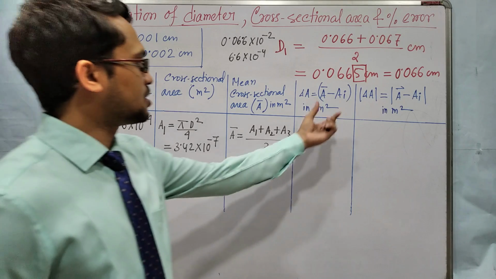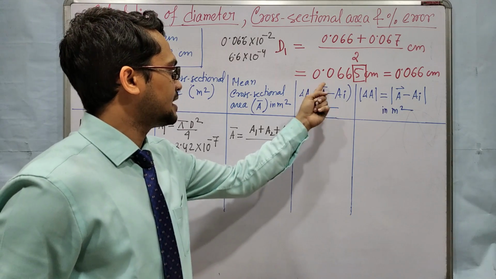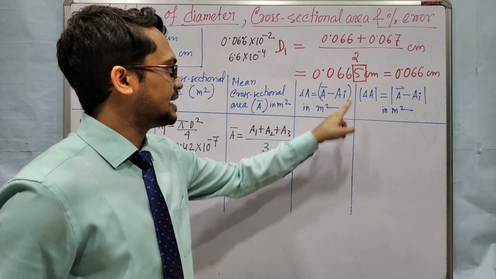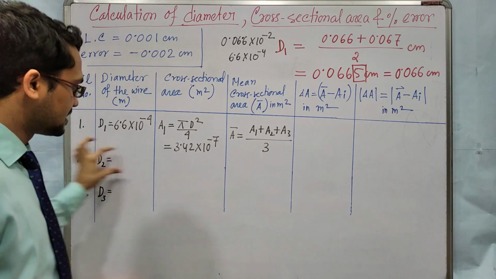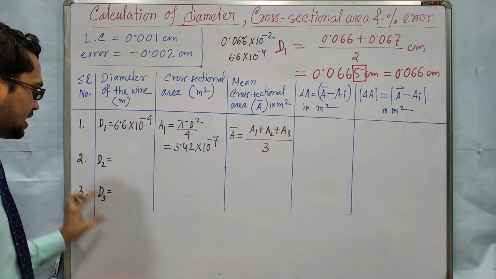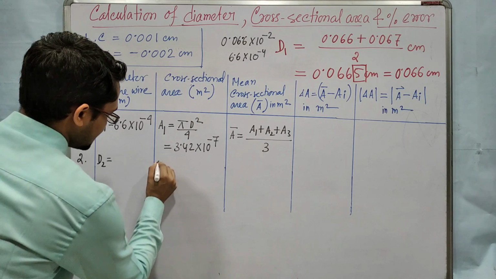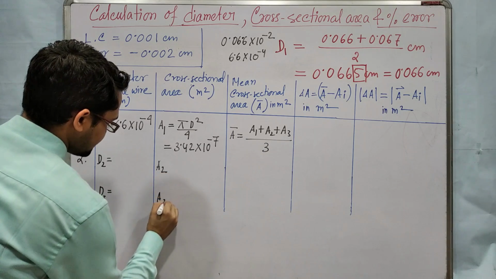Next, delta A. This is the formula written here: delta A means A average minus A i. If i equals 1, then A average minus A1. For the second row, A average minus A2. And for the third row, A average minus A3. Clear?